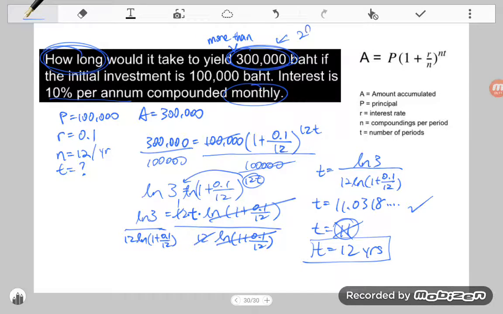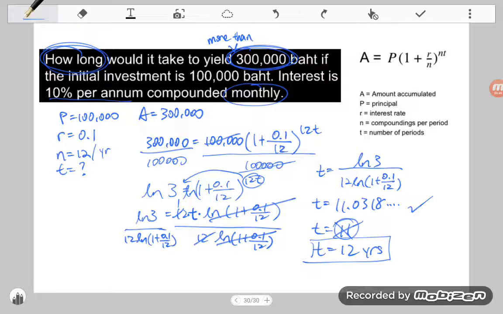You will have maybe 299 something, right? So that's not enough. And normally when we put the money in the bank, if we want to get more than 300,000, we cannot say, okay, it's the 11th year and then I'm going to take it out because I feel like it. It doesn't really work like that. We will say, okay, I'm going to wait for the 12th year and then I'll take it out. And at that time I will have more than 300,000 baht. All right.